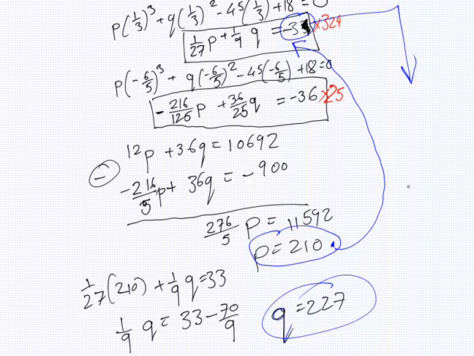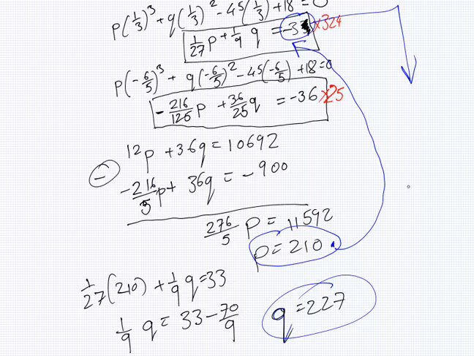So here I get minus 216 over 5, and then next I get 36q. And then 36 times 25, so that's minus pq. What the heck is that cube doing there? It fell. Alright.